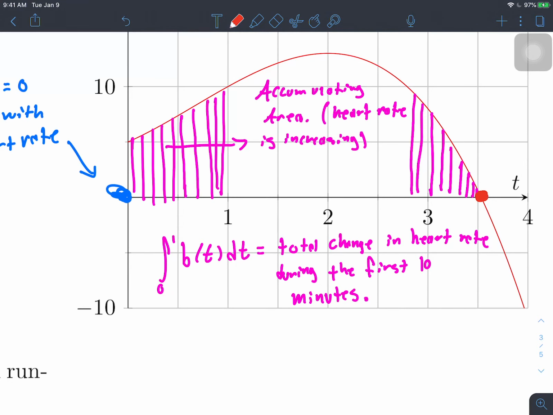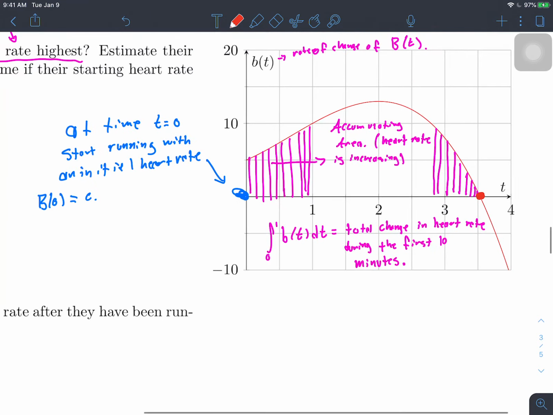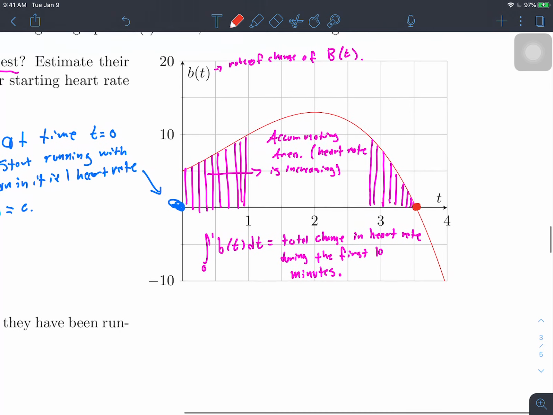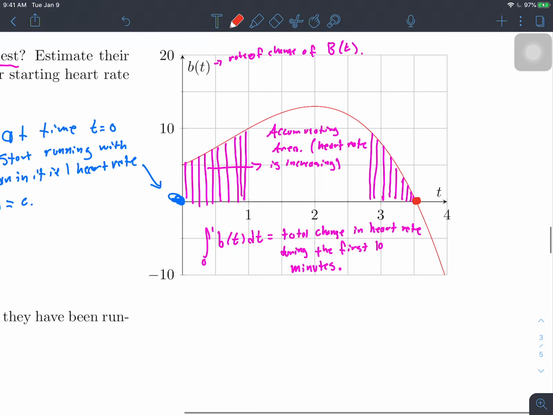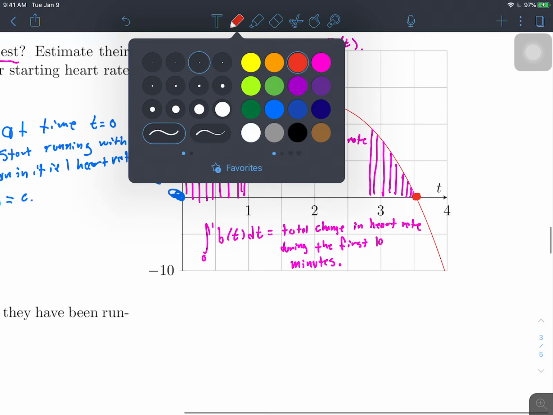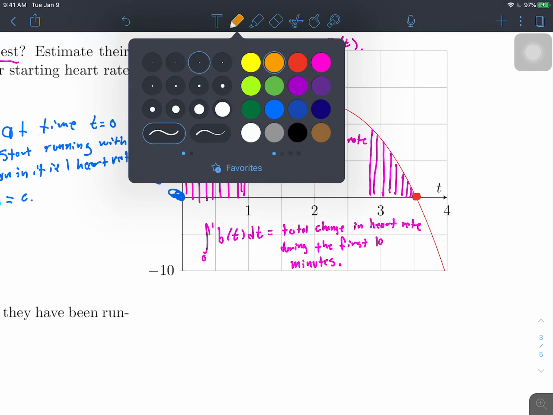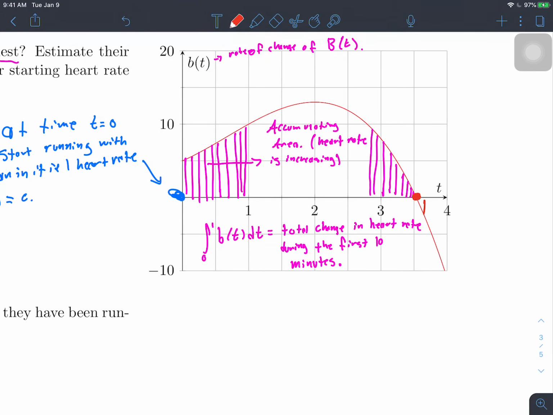Once we cross the t-axis, then we're not accumulating area, but rather we are decrementing area.